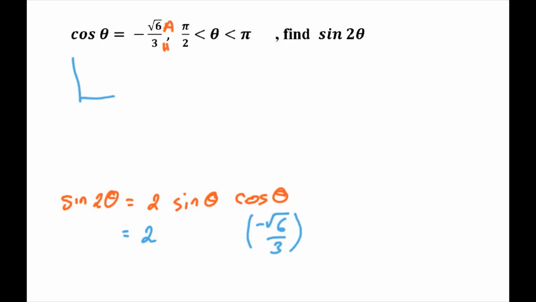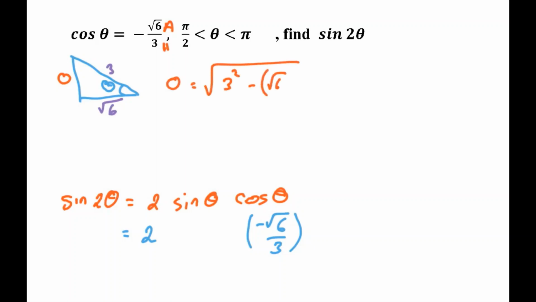In order to find it, adjacent is square root of 6, hypotenuse is 3, and I need to find the opposite, which is the square root of hypotenuse squared minus adjacent squared, which is square root of 9 minus 6, that's square root of 3. Now sine theta will be equal to the opposite over hypotenuse.